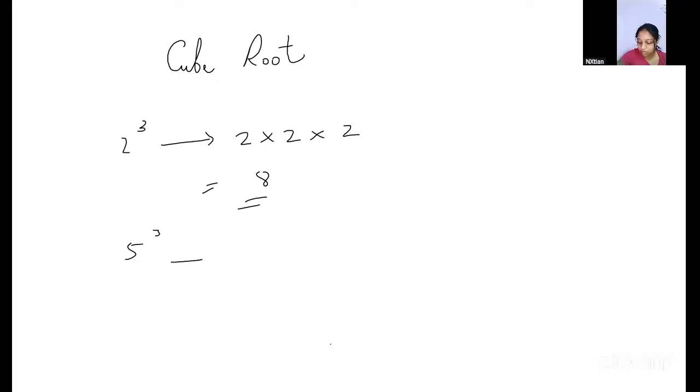That means I'll do 5 times 5 times 5. 5 5s are 25, 25 times 5 is 125. So the cube of 5 will be 125.